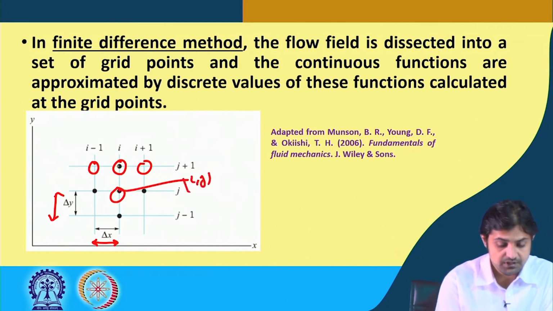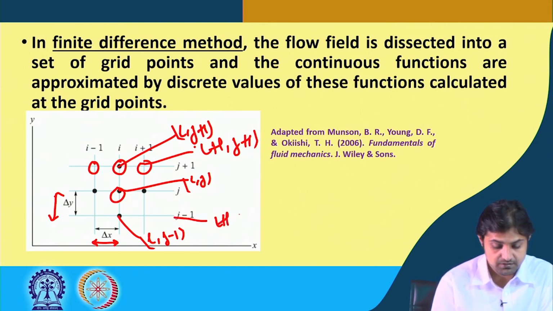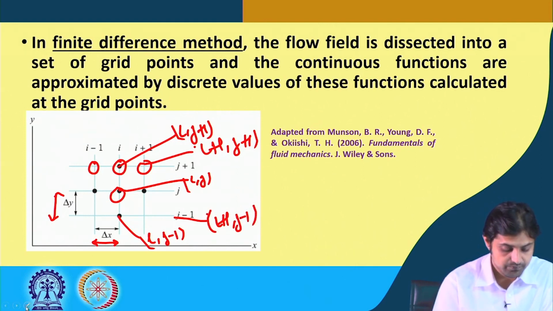So, this point is going to be (i, j+1), this point is going to be (i+1, j+1), this is how it is defined. So, this is (i, j−1). This is (i+1, j−1), all right.